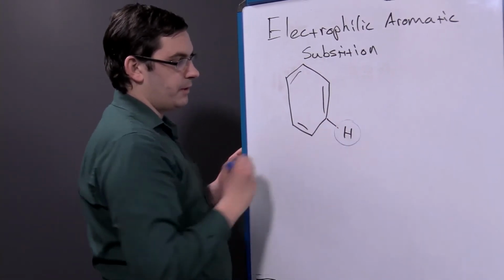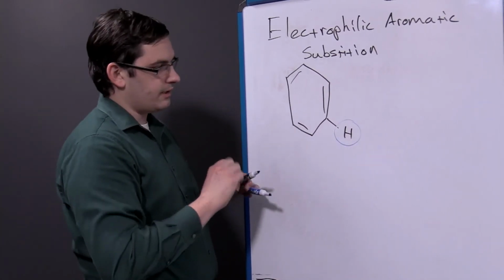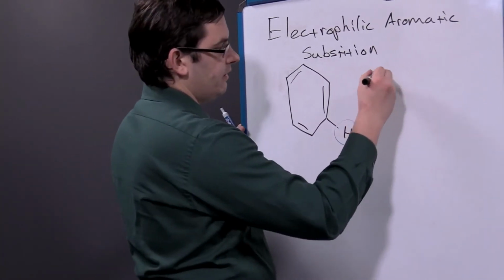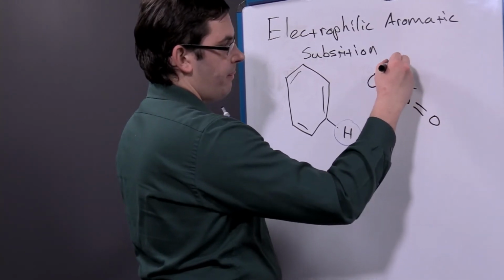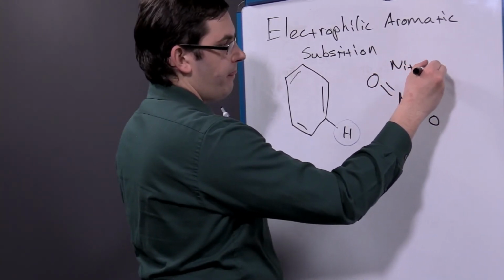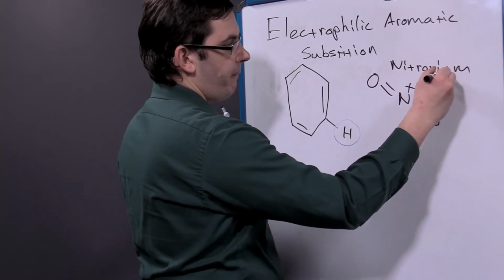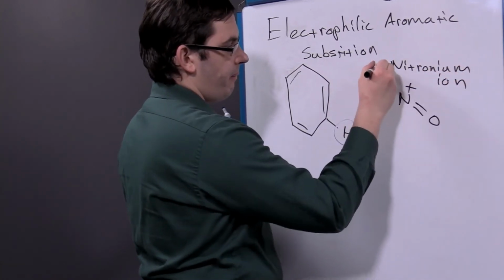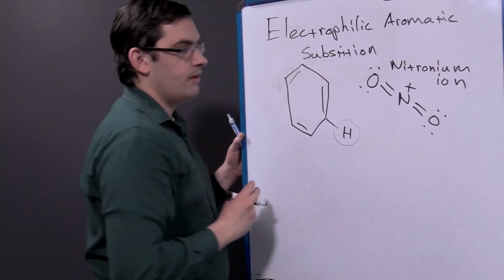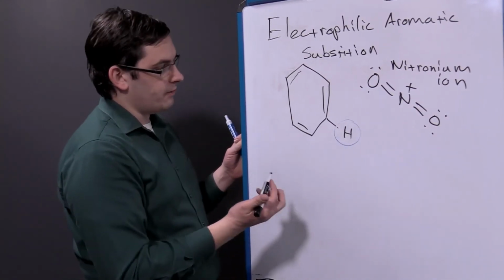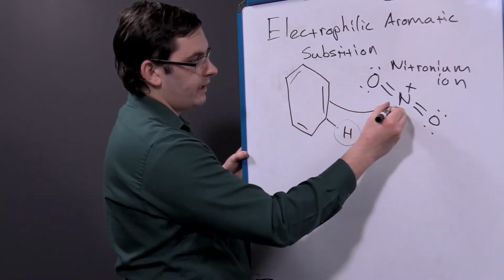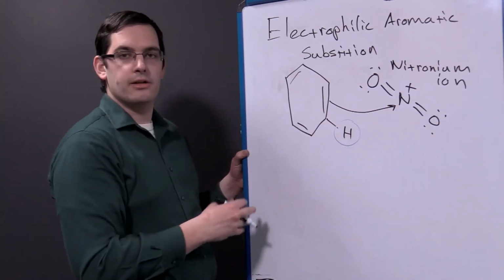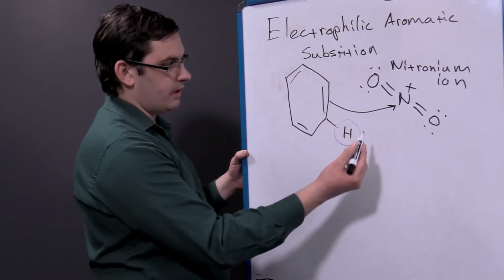So this is going to be replaced by our new electrophile, which is, of course, the nitronium ion. In the first step, which is our rate limiting step, we're going to use the extra electrons from our benzene ring to attack our nitronium ion electrophile.